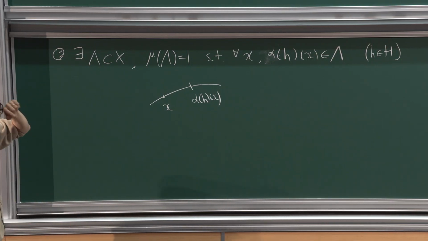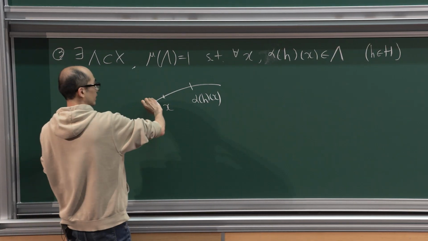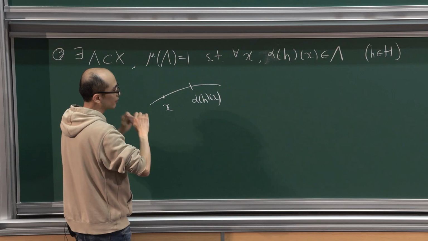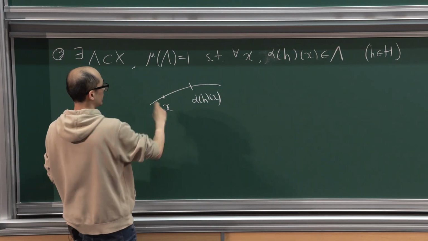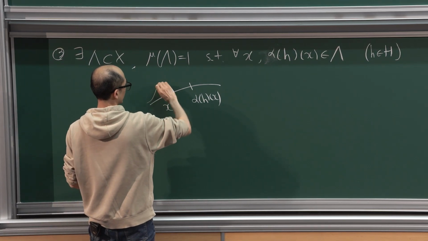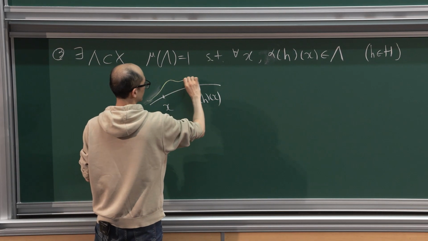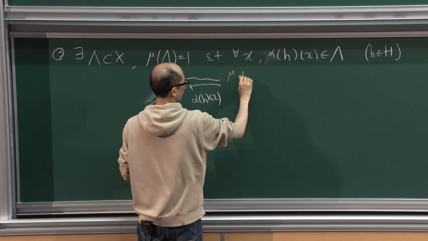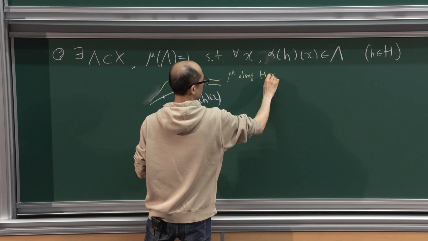I already succeeded in making a notion of measure along the orbit, and this is the distribution of measure along h dot x, whatever this means.